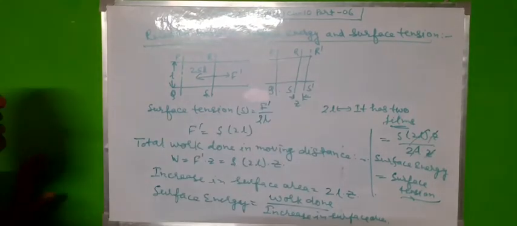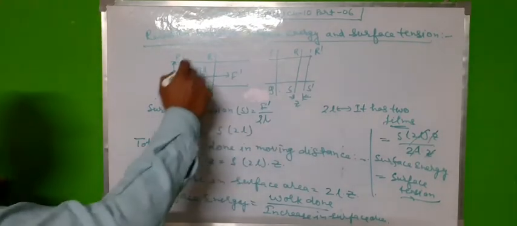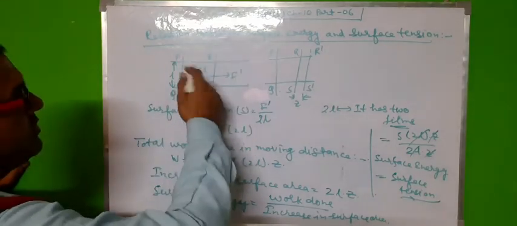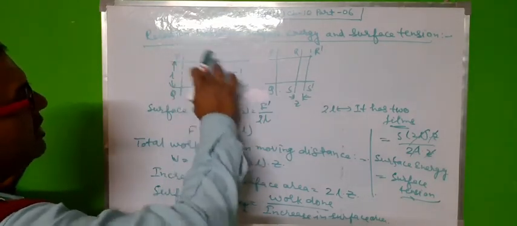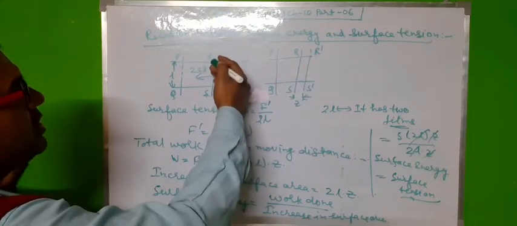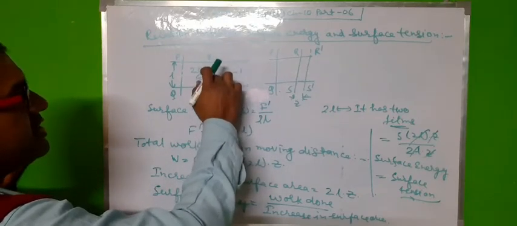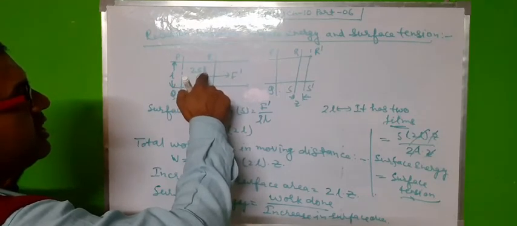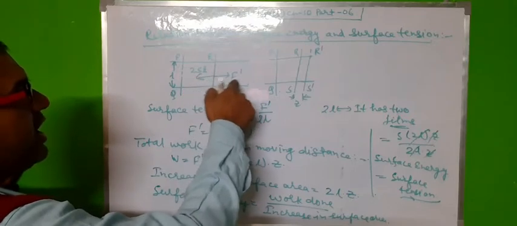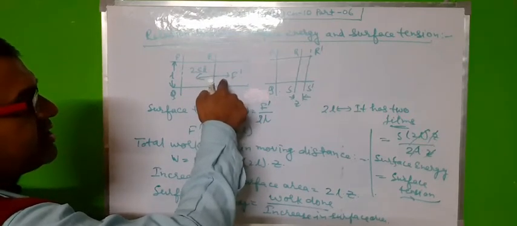Now I am briefing it. Look at here. This is a movable surface. RS is movable, the other is fixed. It has a length L. Since it has two films, the force can be given as 2L into S, and F dash is the force applied.